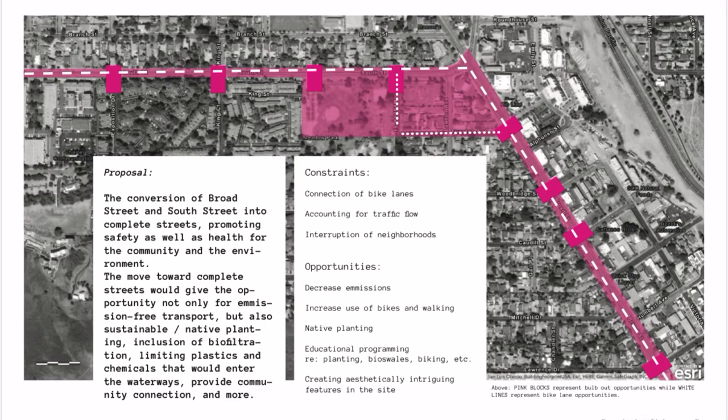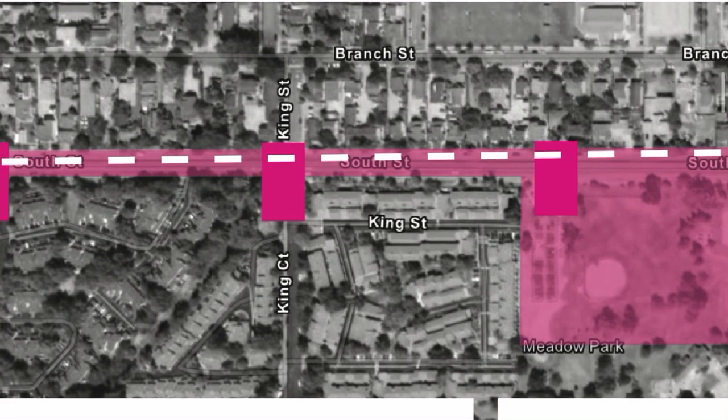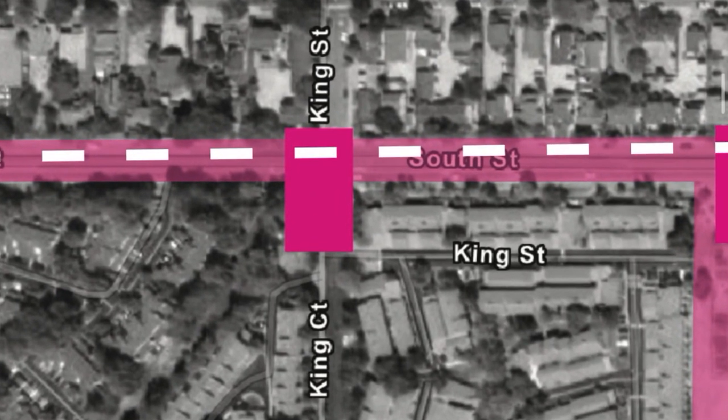And so, like I was mentioning earlier, my proposal here is to overall make this neighborhood safer, more environmentally friendly, and just more walkable, easier to get around. And so in this map, these darker pink blocks represent different crosswalks that I want to put in place.